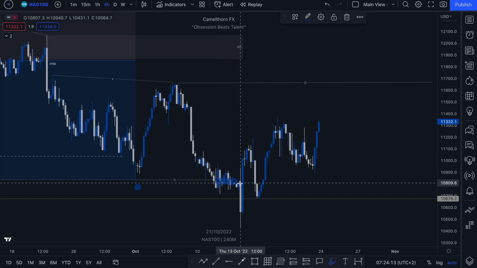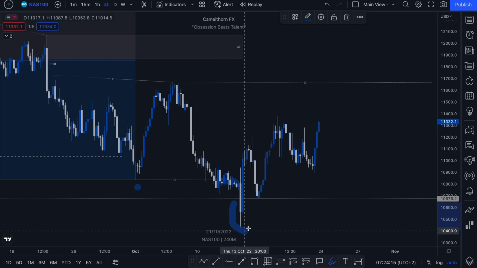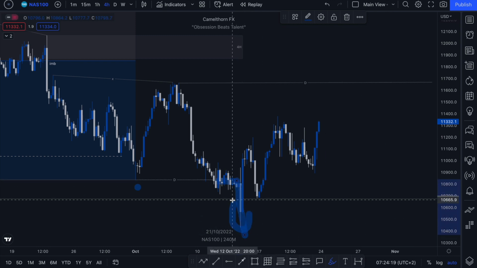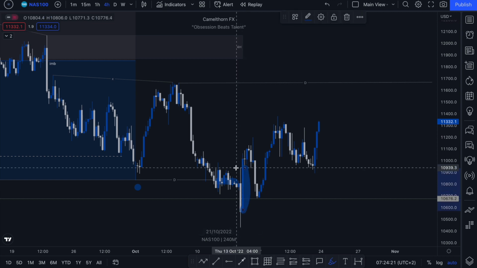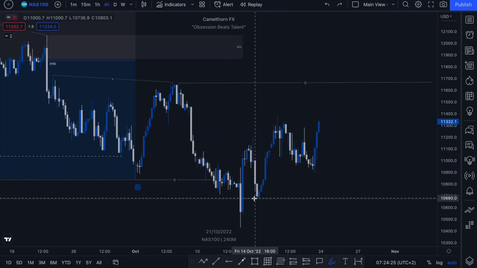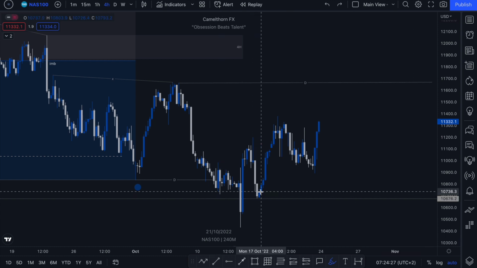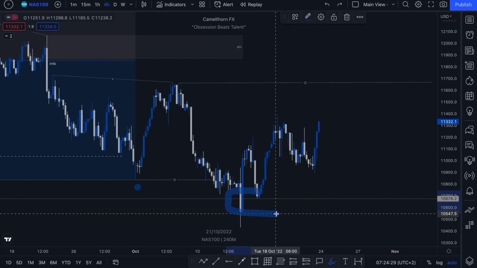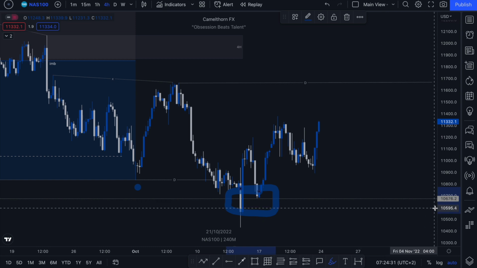We have this price action where we push below 10676.2, we push below it and immediately push out of it. What this is showing me is that price action was clearly rejecting this level, 10676.2.